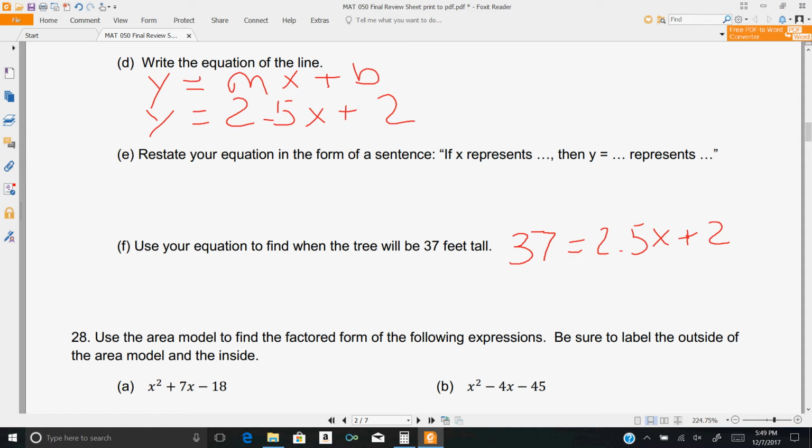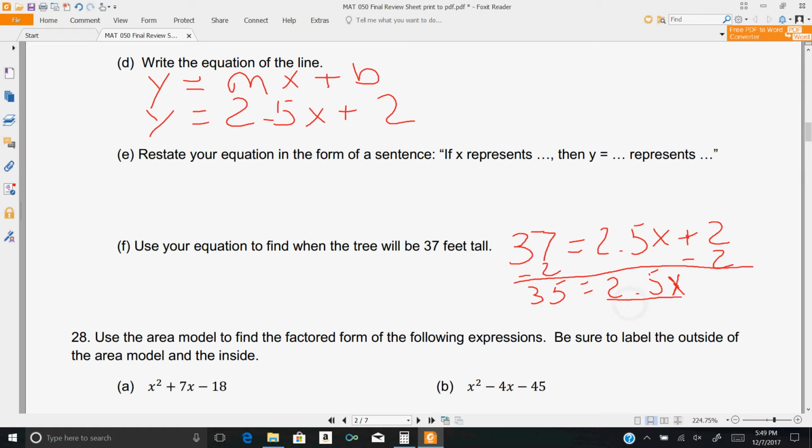Now I just need to solve an equation. I'm going to subtract 2 from both sides. I get 35 equals 2.5x. X is a number that I multiply by 2.5 to get 35.